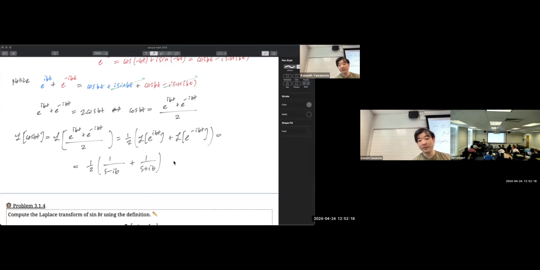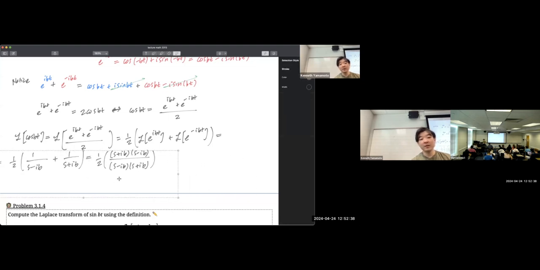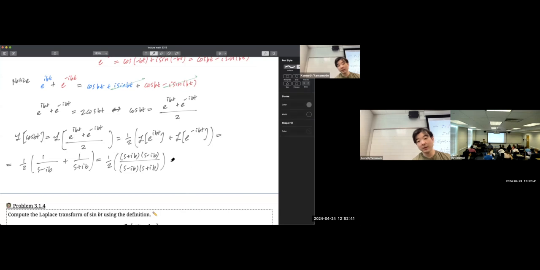These are complex. But if we combine it into a single fraction, the common denominator will be s minus ib and s plus ib. This one is missing an s plus ib. This one is missing an s minus ib. And so we should just FOIL the top out, it's going to be half over, and we'll also FOIL the bottom.